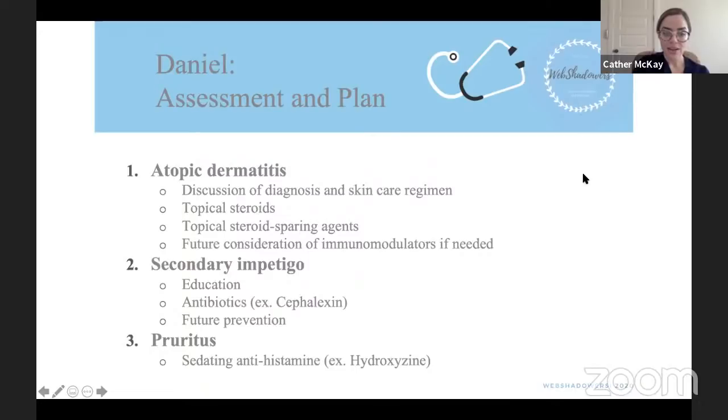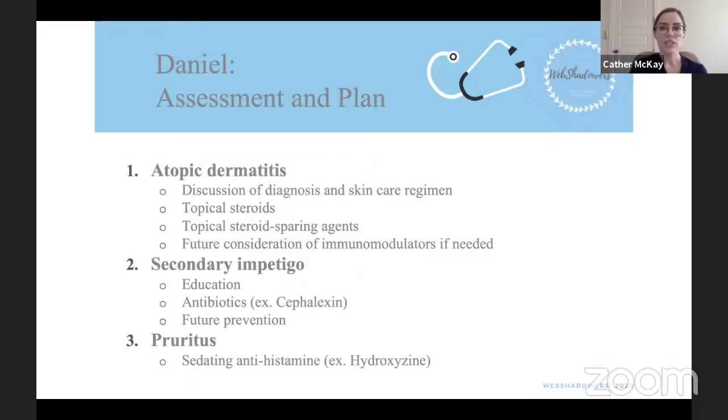Okay, and then I'll take a second to answer this question. It says, you stated the race of Daniel. Why or how does that affect what diseases someone might get, their diagnoses, etc.? So for eczema, it is slightly more prevalent in African Americans, and can be more severe.